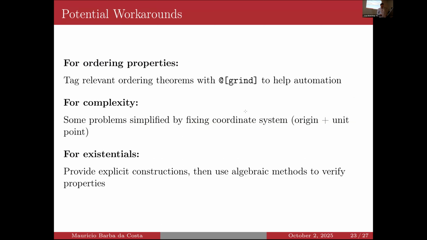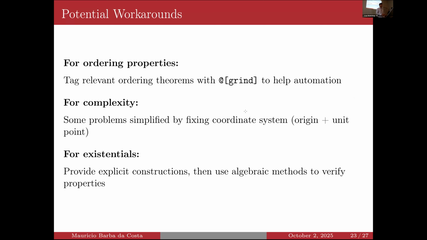But there are some potential workarounds. What I've seen is that if you add @grind tags to some theorems that involve ordering properties, you can navigate around that using the grind pattern matching module instead of the polynomial solver.